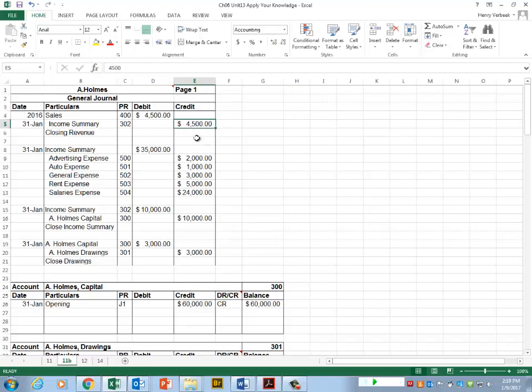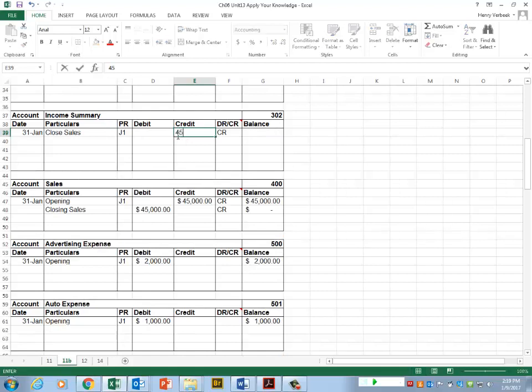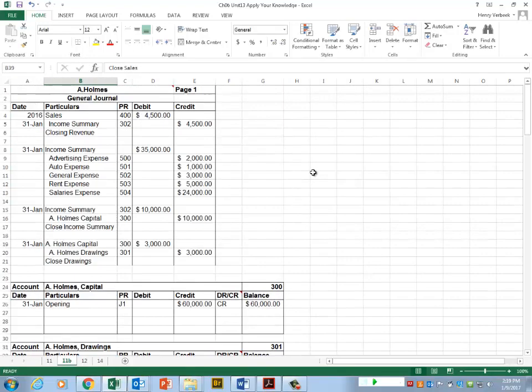So we head down to our income summary, and it had nothing in it to start with because it is only used at the end, and we go equals 45,000. So that's closing of sales is what we did there. Now we've got this and this taken care of.